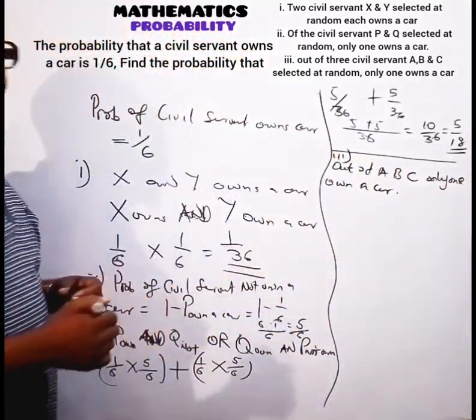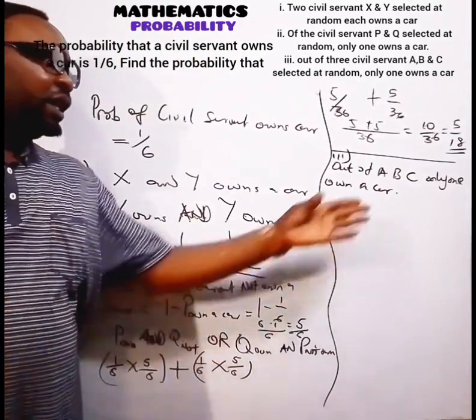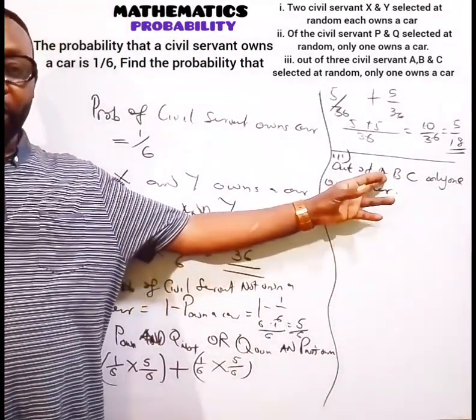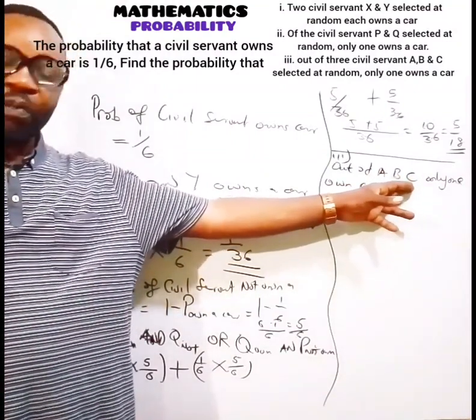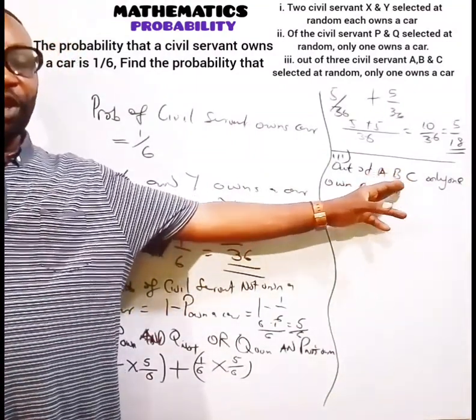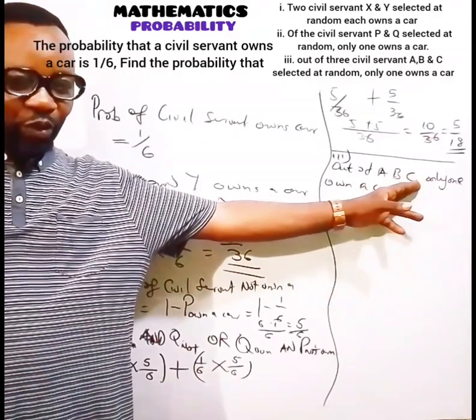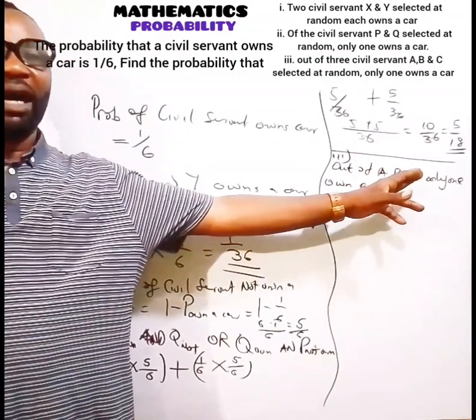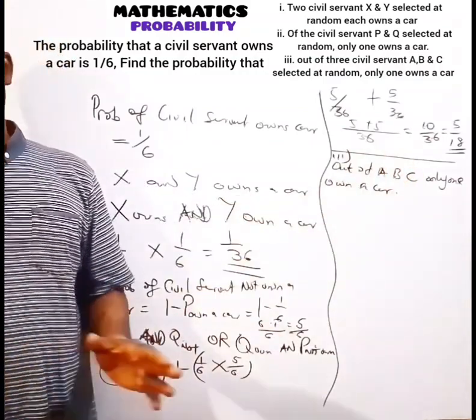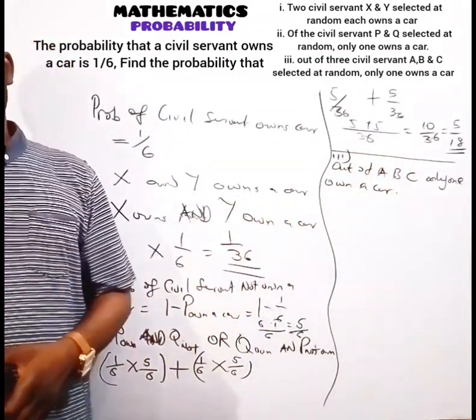Now, in this regard, it means that if we say A owns a car, B will not own, and C will not own. Or A does not own, B owns, and C does not own. Or A does not own, B does not own, and C owns a car. That is the probability we are going to work out right away now.